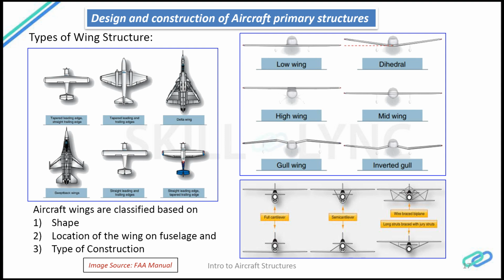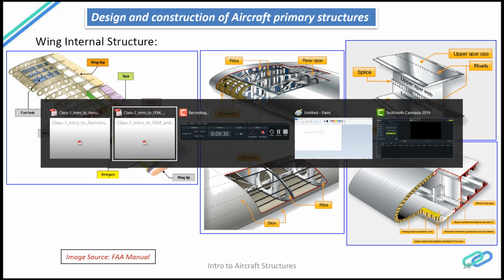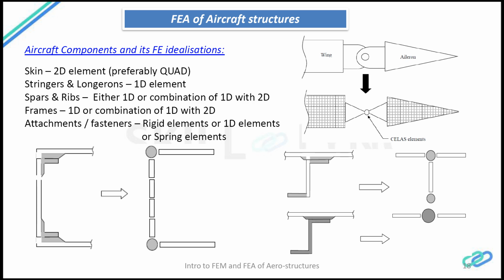So moving back to the class 2 lecture, you have a scenario over here where an aileron is attached to the wing. It is attached to a lug, which will be like a tuning fork, something like that. A lug which is attached using a fastener, bolted. It's a bolted joint.